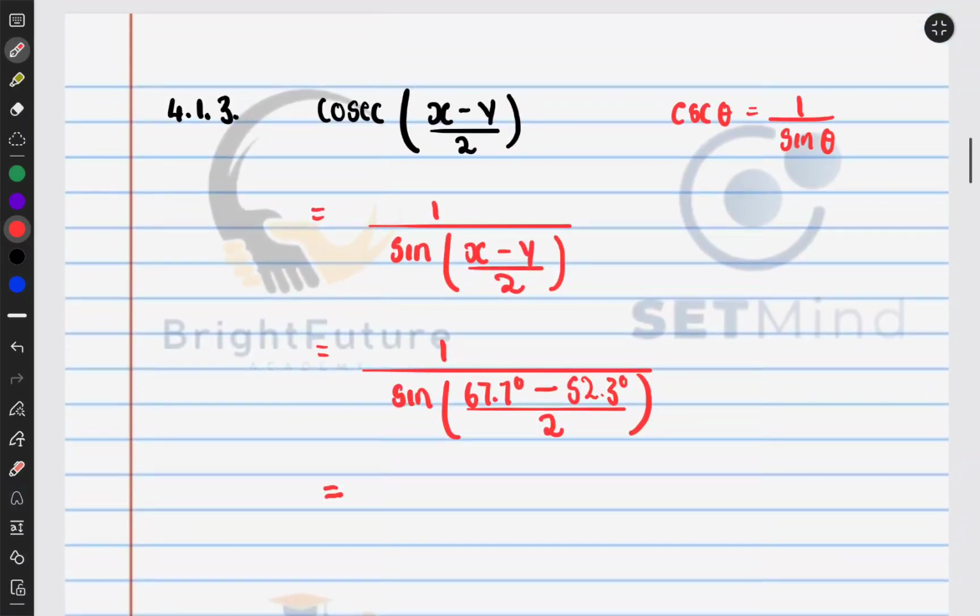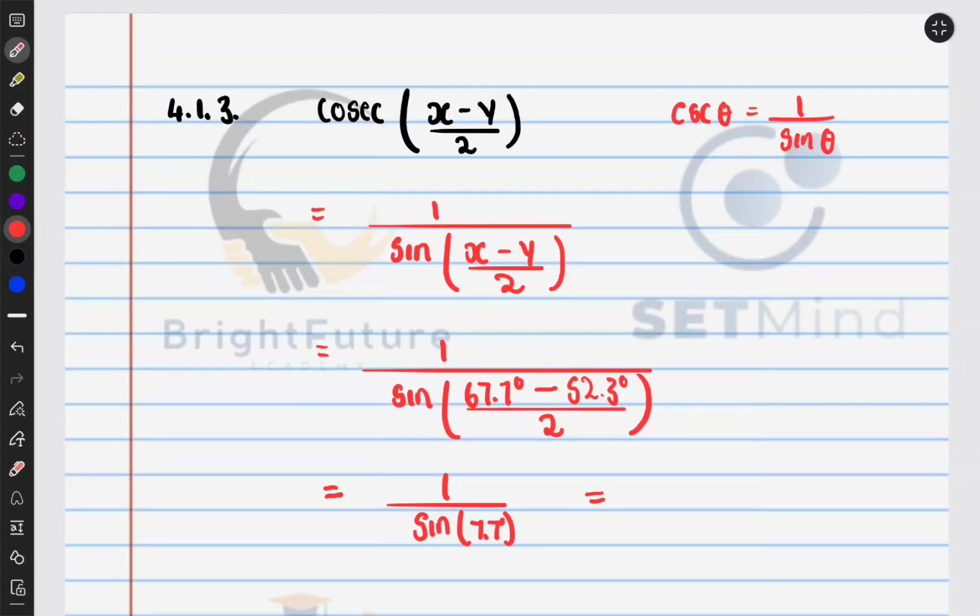So we're going to have 67.7 minus 52.3 divided by 2. That gives us 7.7. So we have 1 over sine of 7.7 degrees. You punch this in your calculator as it is, 1 over sine 7.7 degrees.